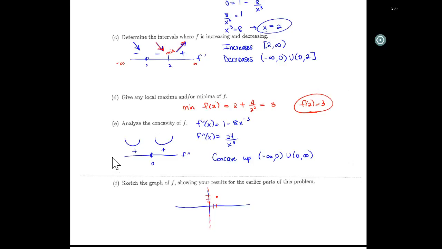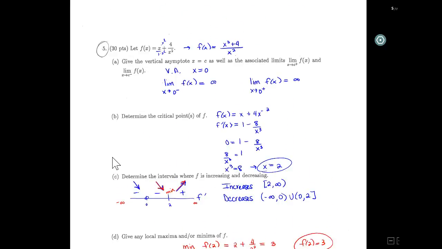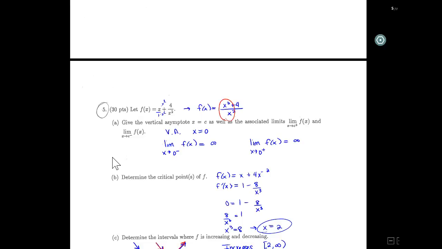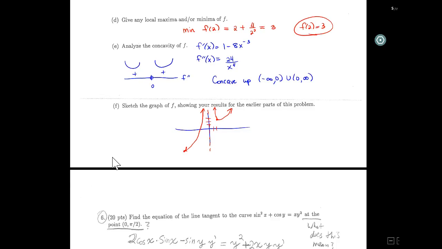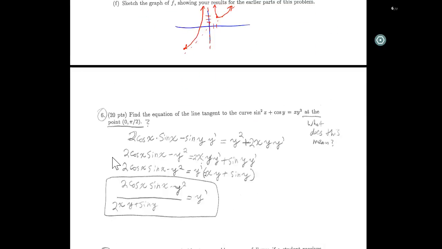So we know it's going to approach positive infinity here, and here it's going to come down, and it's concave up. I can see that from our results here. This actually, if we look back here, has an oblique asymptote at y equals x. So that's also another thing; you kind of see it follows that based on that information.